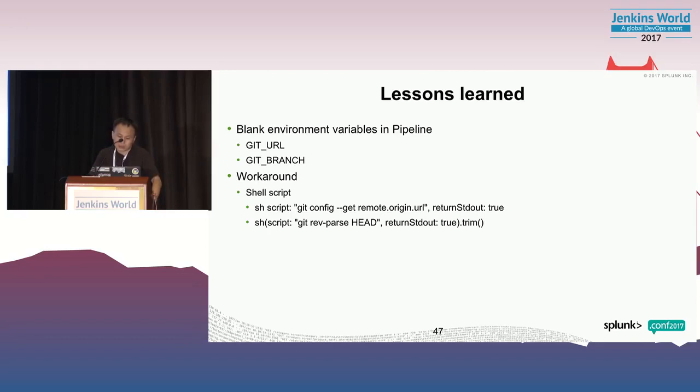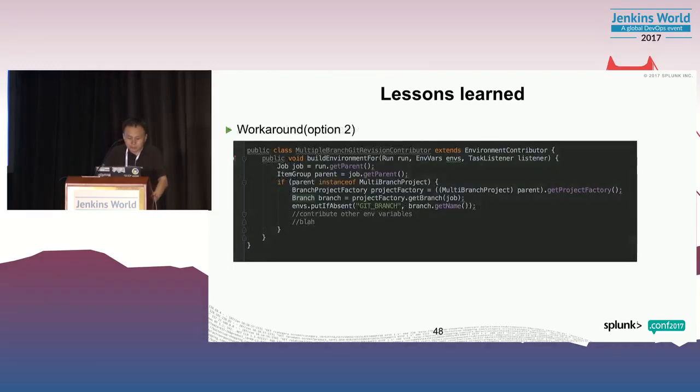Such a thing can be easily implemented in an environment contributor. So we can just implement the environment contributor and put the build environment, for example, the git branch, in it.